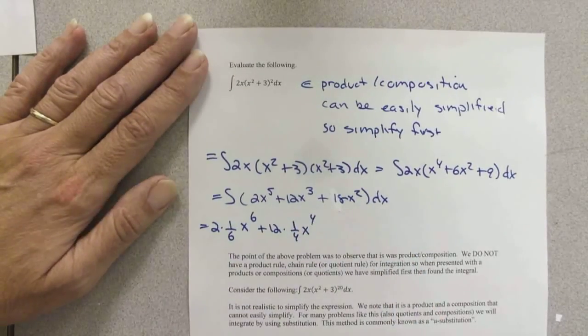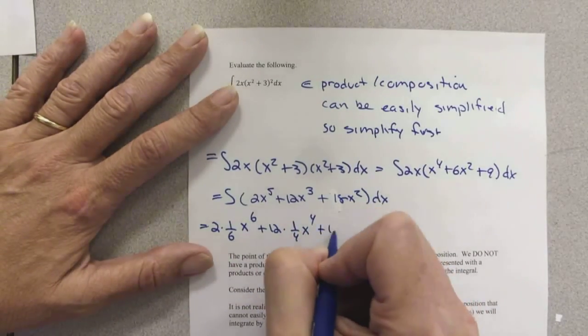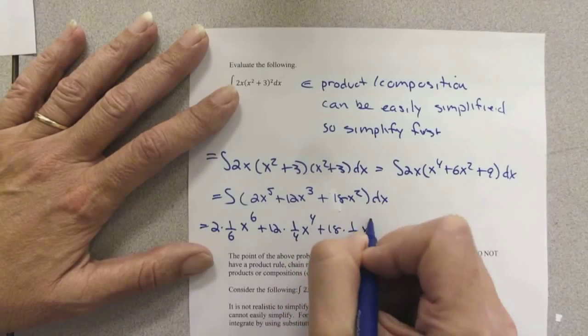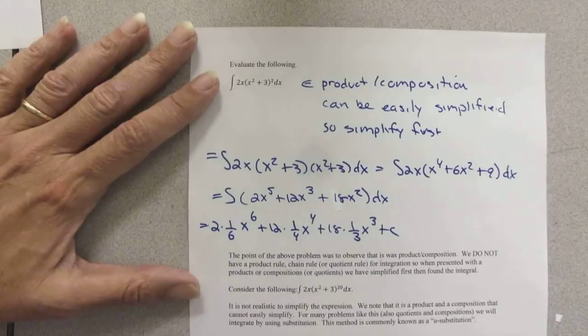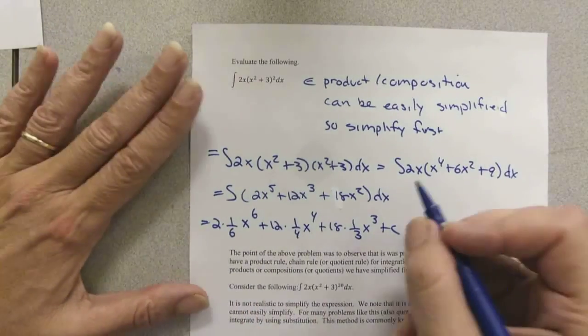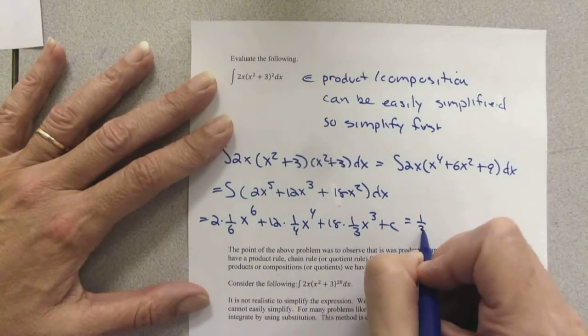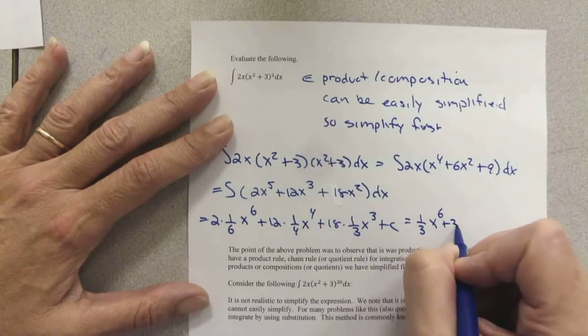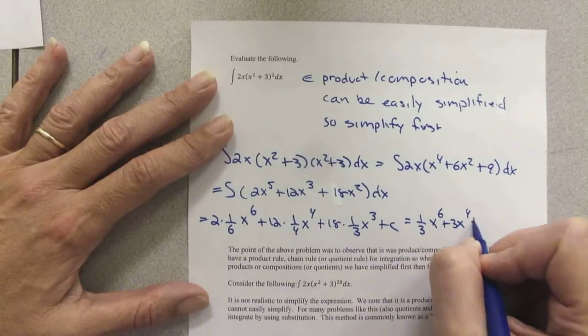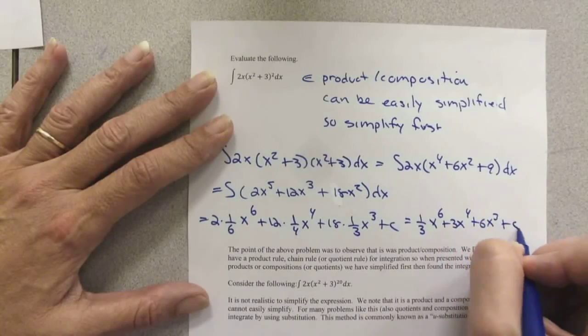Increase the exponent by 1, multiply by the reciprocal of the new exponent, with my coefficients just kind of hanging out. And so final answer, 1/3 x to the 6th plus 3x to the 4th plus 6x squared plus C.